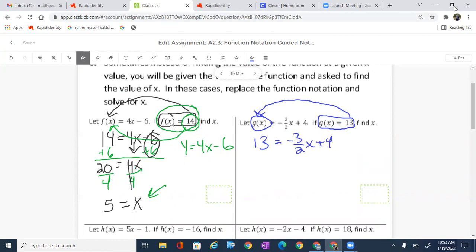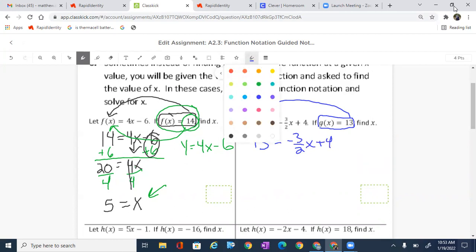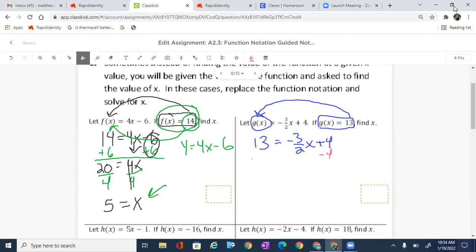Now from here, we're just going to do some algebra. We're going to undo everything that's happening. So we got to get rid of that positive 4. We're going to subtract 4. When we do that, we get 13 minus 4, which is 9, equals negative 3 over 2x. There's nothing under there, so it just moves down. And 4 minus 4 inverses, they cancel each other out.